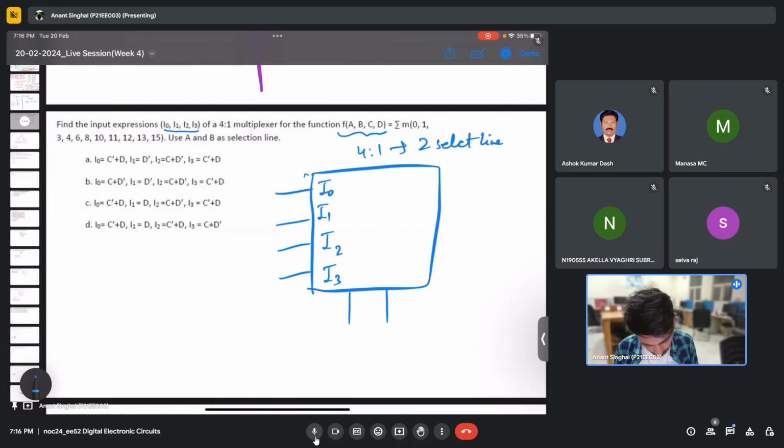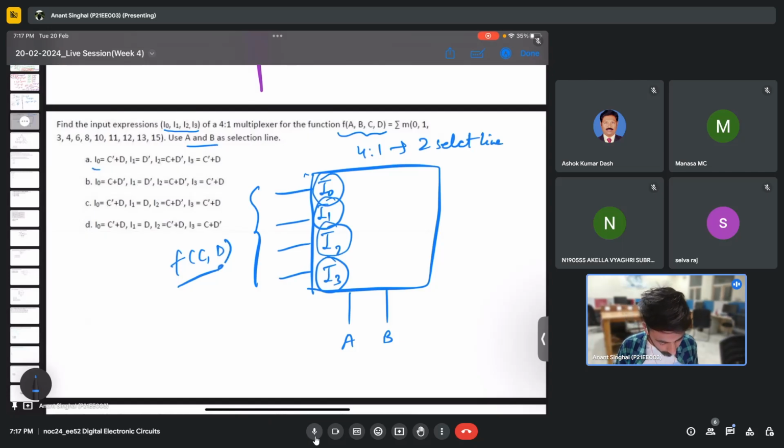And it is given that you take only A and B as select lines. So each of them is a function of C and D. You need to compute I0, I1, I2, and I3 in terms of C and D. That is also given in the options, so that the final F will be 0, 1, 3, 4, 6, 8, 10, 11, 12, 13, 15.